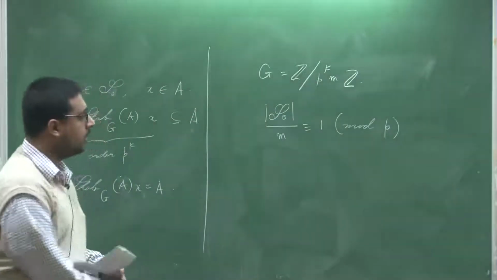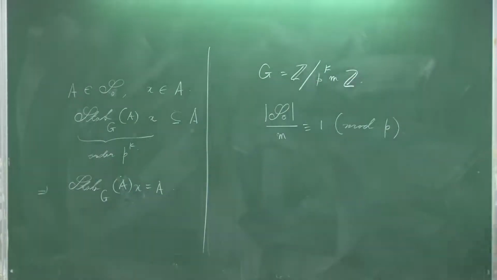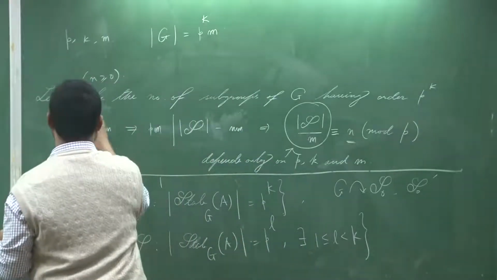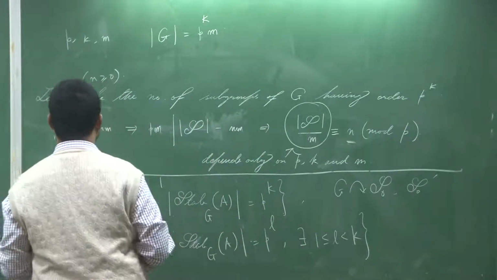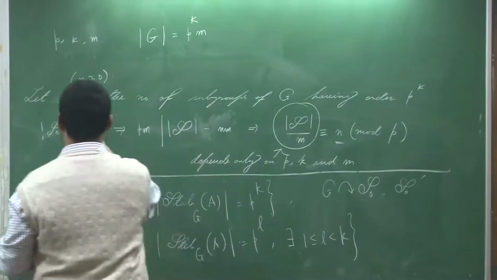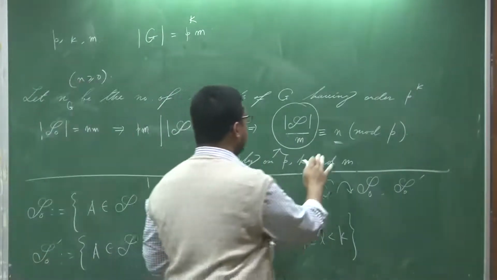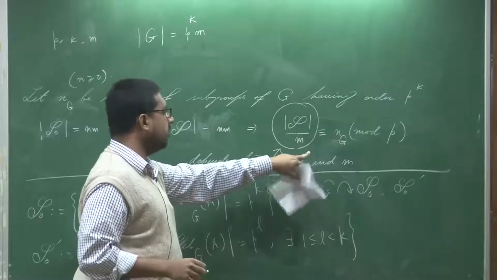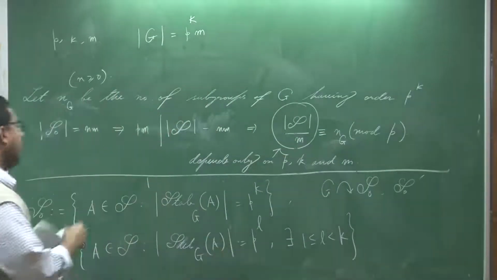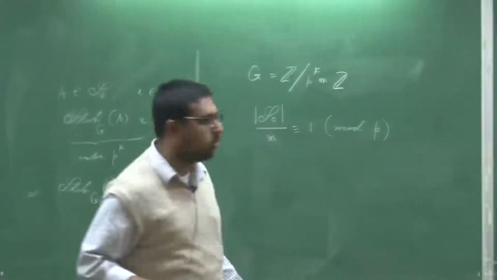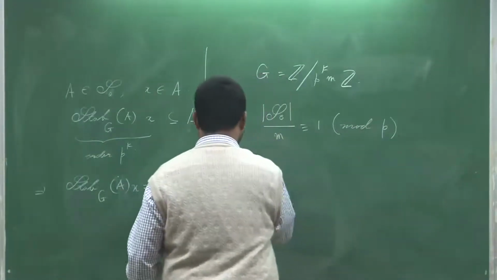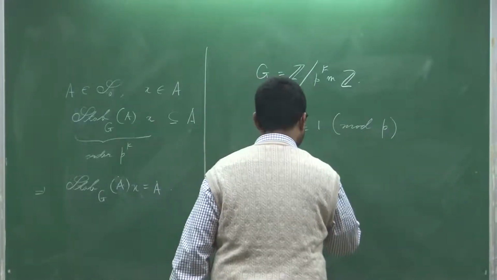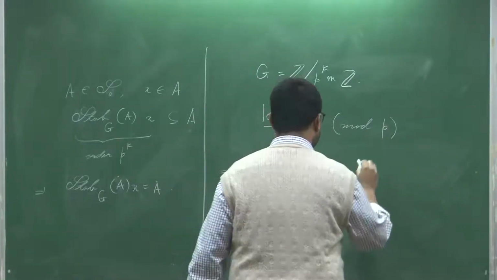Okay. So, now try to understand for any group G the number n, or you may write it simply Ng for the time being. For any group G, Ng is congruent to this quantity modulo p, and we have already checked that this quantity is congruent to 1 modulo p. So, putting them together, for every G of the above type we must have Ng congruent to 1 modulo p.